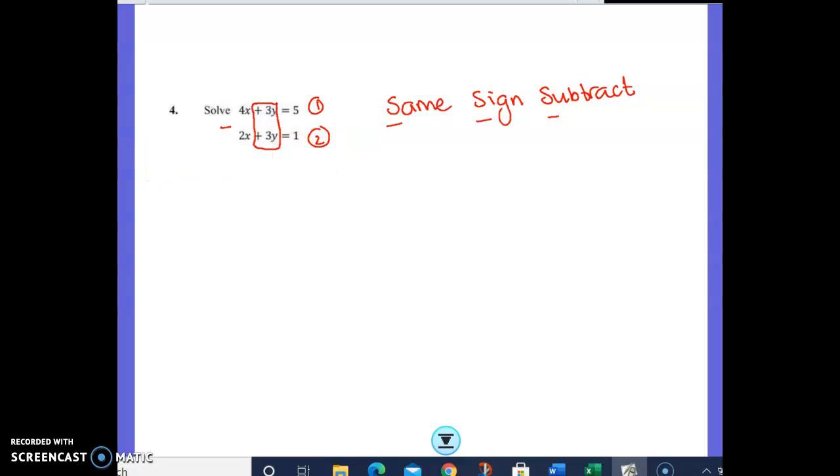Remember and label my equations this time. Okay, so taking away 4x take away 2x, 2x. 3y take away 3y, that cancels, that's perfect, that's what we want. 5 take away 1 is 4. So 2x is 4, x equals 2. Let's sub that in.